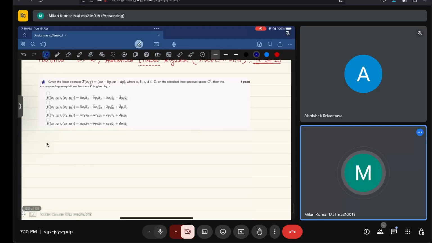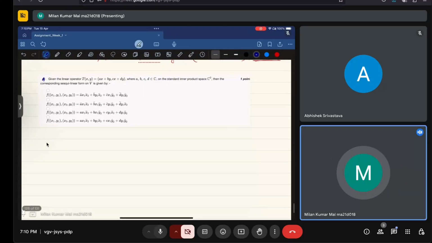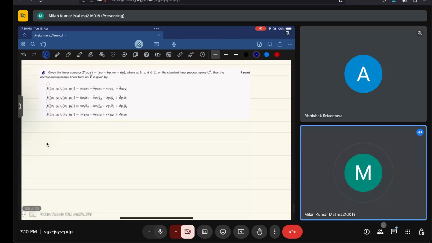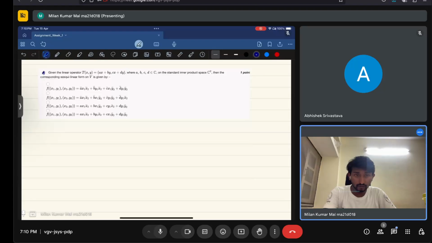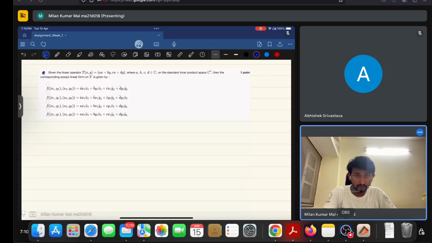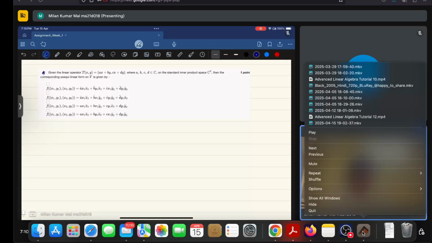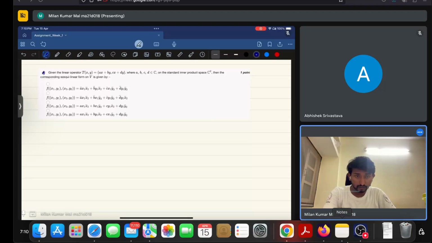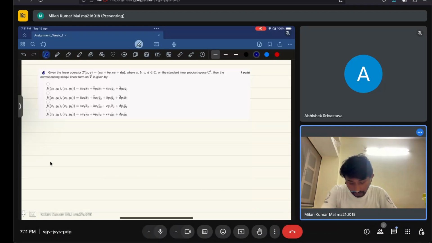So what it says: given a linear operator T from C2 to C2, given by this way, on the standard inner product space C2, then the corresponding sesquilinear form on V is given by this one.